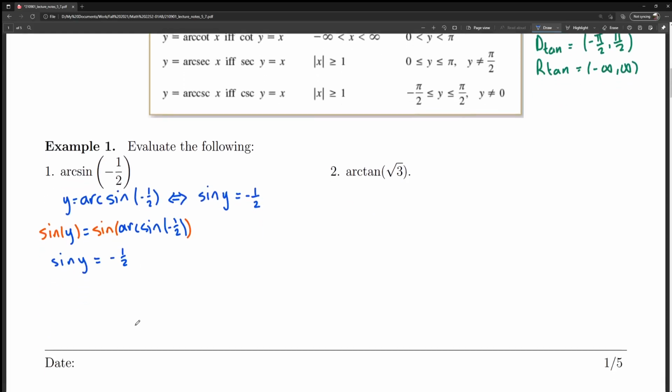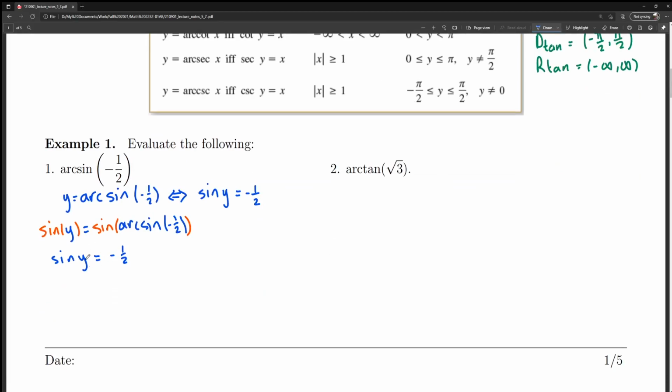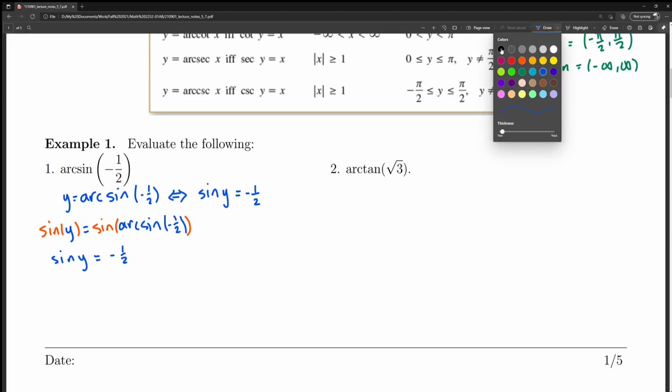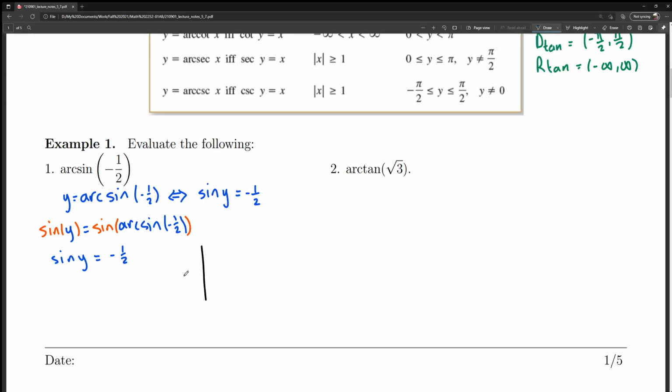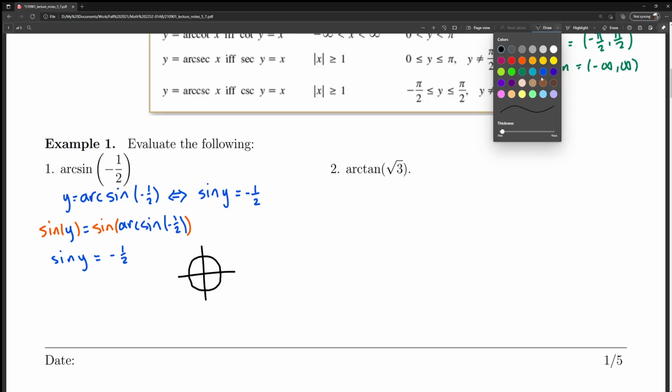And so now we have a problem though, because sine is periodic, and so it has infinitely many solutions. Now, if you look at the unit circle and you want to figure out where sine of y equals negative 1/2, on the unit circle, the y coordinate is the sine.